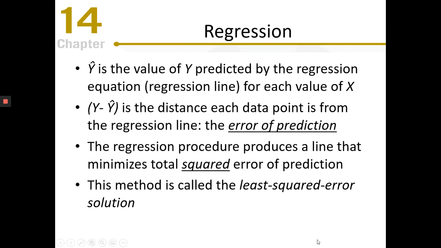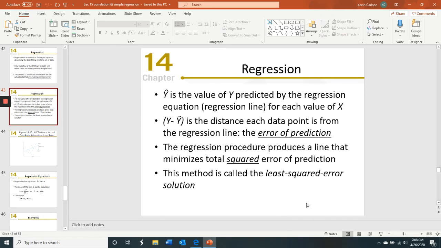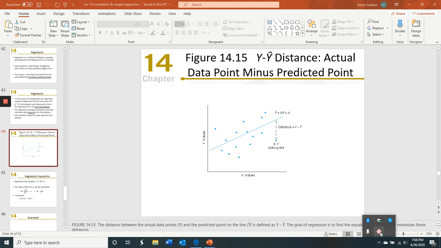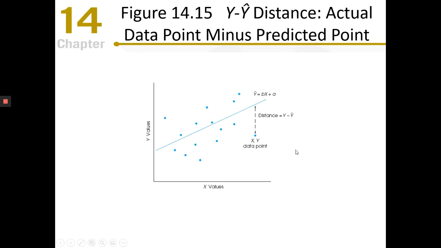And the bottom part here is just saying you're squaring it. Why are we squaring the error prediction? Because we have some things that are below the prediction. It might be a positive error because the prediction is greater than the reality, and it might be a negative error. So we don't want these things added up, because if we add all the positives and all the negatives, we're going to come up with zero. So we don't want zero error. There's not zero error here. So just like with our sum of squares, we don't want to add the difference from everybody's score to the mean, because it comes out as zero.